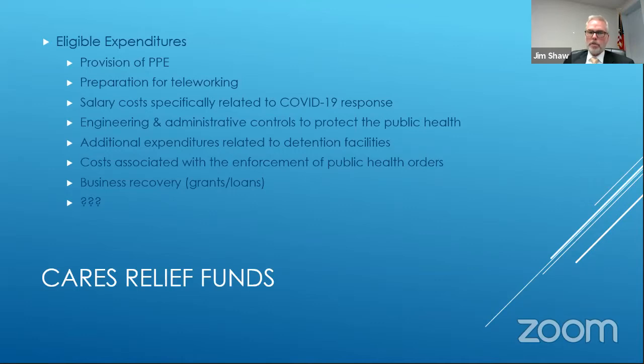We don't know yet because those facilities are also receiving federal dollars for some of their costs. Then there are any costs associated with enforcement of public health orders, and there's an opportunity to provide some business recovery through the use of grants and loans, and we're actively exploring that option. I think that will probably be an activity we bring to you sooner rather than later. But as I said earlier, there's still a lot of question about the full breadth of activities that can be charged against these funds.